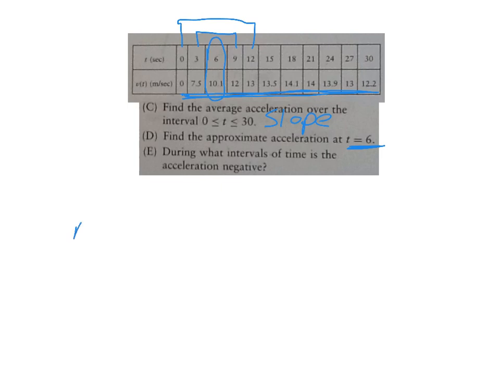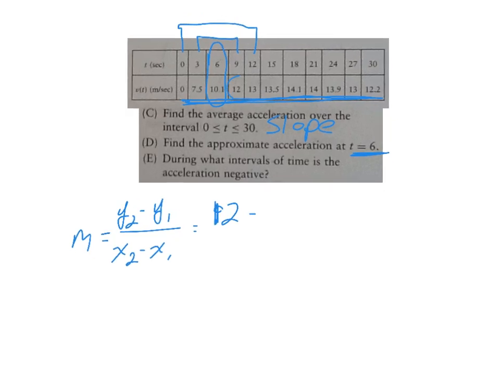But again, we're looking at slope. y2 minus y1 over x2 minus x1. So for this particular interval, I'm going to use the 3 and the 9. 12 is where we end up, right? 12 minus 7.5 over 9 minus 3. That puts 6 in the middle. That's going to give us the approximate acceleration.